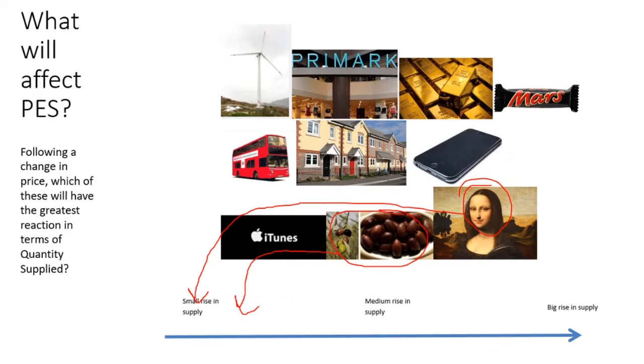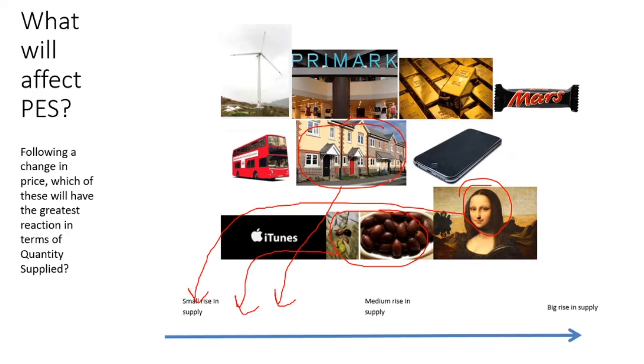The next one is probably going to be houses. This is like a housing estate. If you're building houses, then I suppose it's going to be over here, on the small rise in supply, just because houses take a bit of time to build.